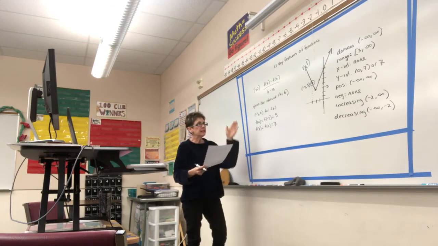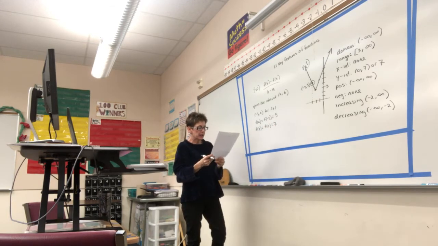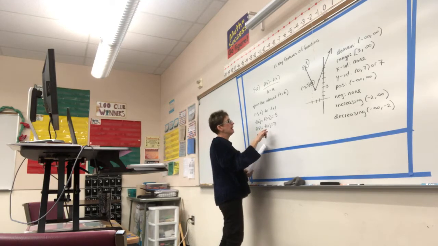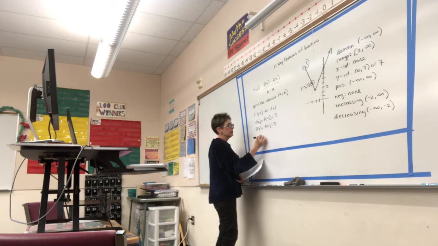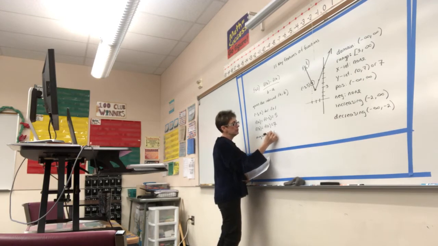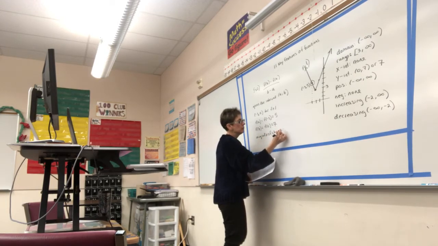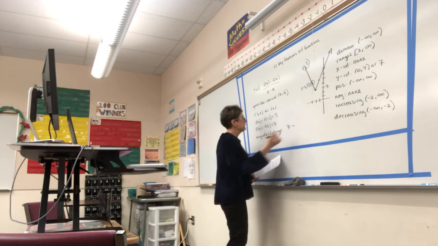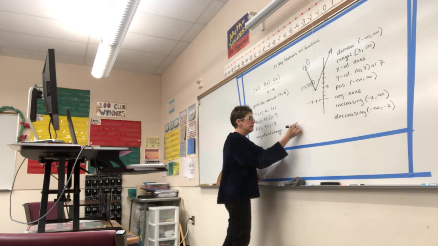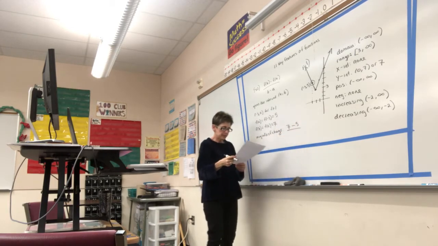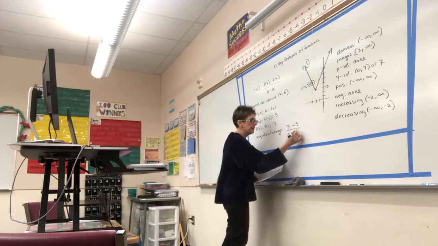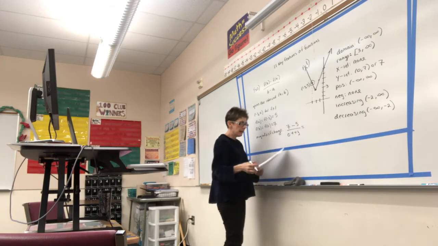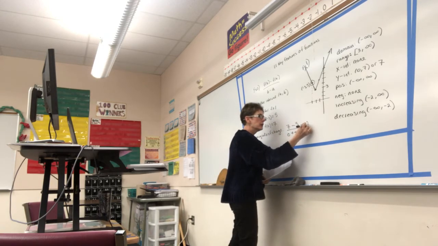So the average rate of change would be 7 minus f of a, which is 5, over b minus a, so that would be 0 minus -3. 7 minus 5 is 2, 0 plus 3 is 3.